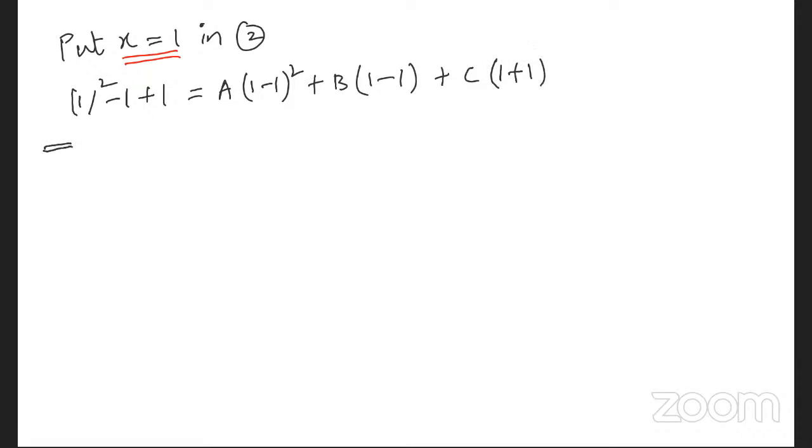So this implies 1 minus 1 plus 1 is equal to a into 0 plus b into 0 plus c into 2. So what does this imply?